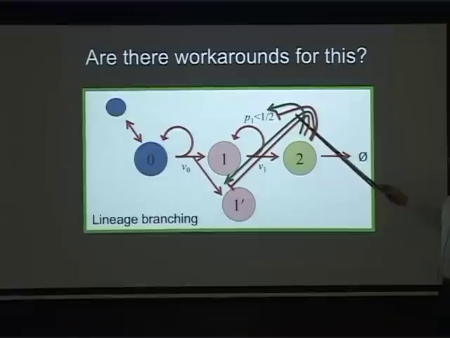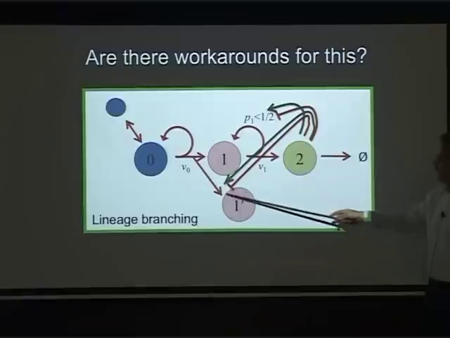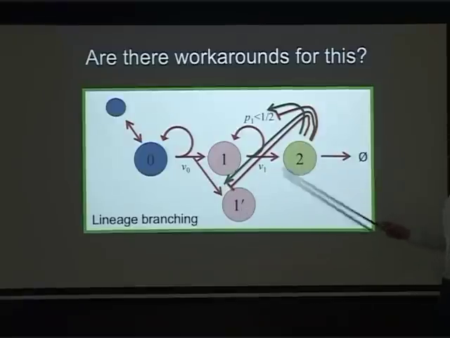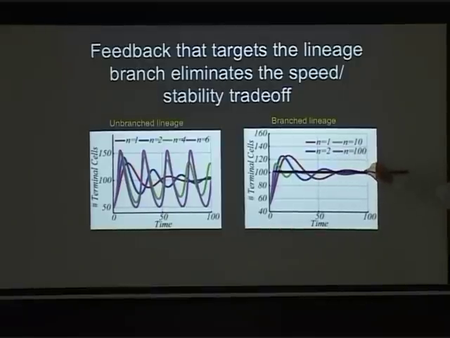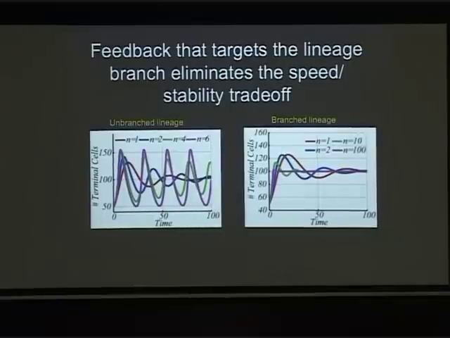And instead of just feeding back here, you're actually feeding back positively on this cell. You're saying, let's divert our lineage over to here instead of there and there. You can actually make all this instability go away. You can take all of these oscillations and get the opposite to happen, which is the stronger your gain, the more abrupt your feedback, basically the fewer oscillations you have. And you have really perfect dynamic control out of that.